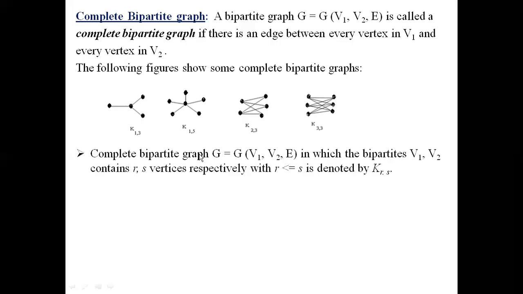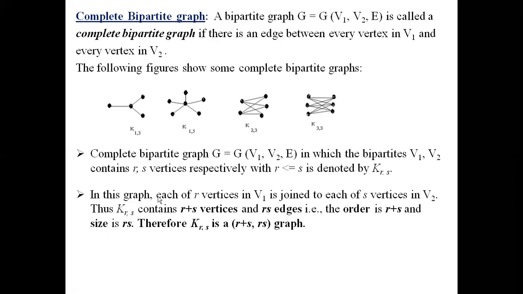So a complete bipartite graph usually has the partitions V1 and V2, and they respectively contain r and s number of vertices, with r less than or equal to s. And the complete bipartite graph is usually denoted by K suffix r comma s.